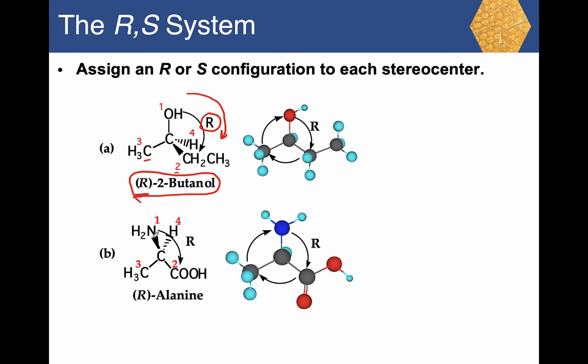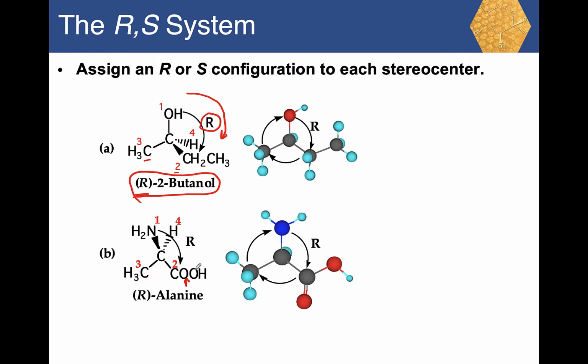This is nitrogen, atomic number 7. This is carbon, atomic number 6. So this gets higher priority. This is carbon, atomic number 6. This is carbon, atomic number 6. So we have to make a decision which one of these two gets the higher priority. We look at the next atom bonded to this one. It's an oxygen, which has an atomic number of, what's that, 8.